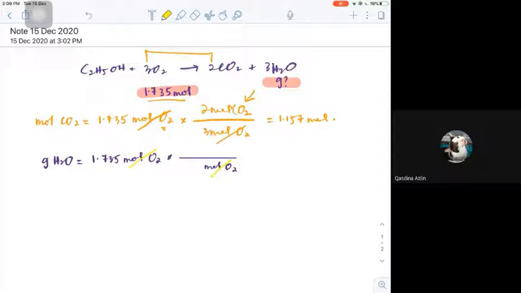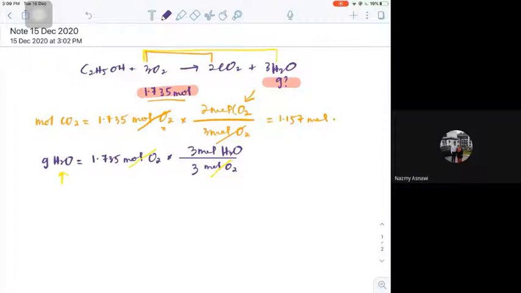But how to cut it and relate it with the H2O? So we have to use the mole ratio between oxygen and H2O. The mole ratio is, if we have 3 mole of oxygen, it will produce 3 mole of H2O. Yes.